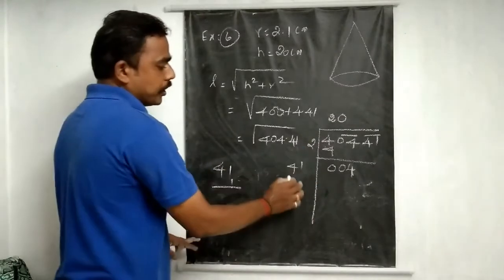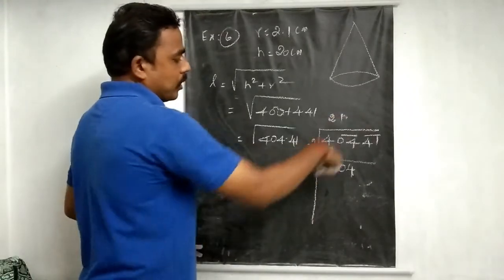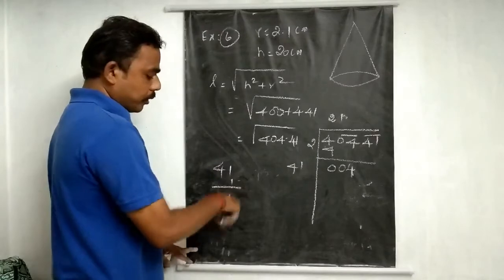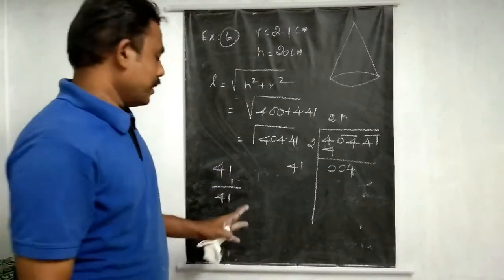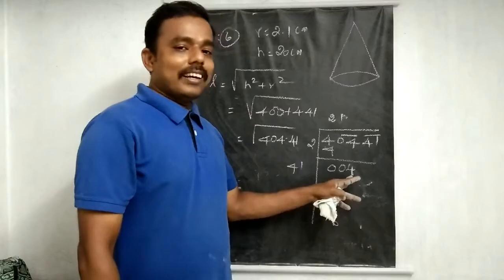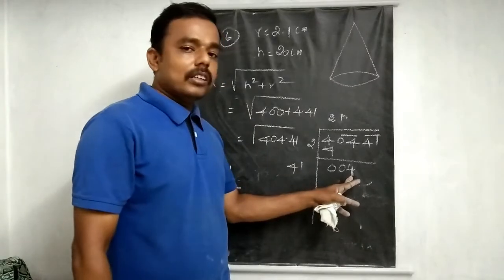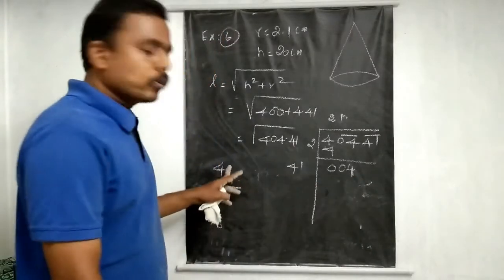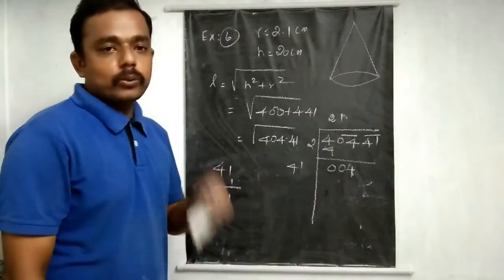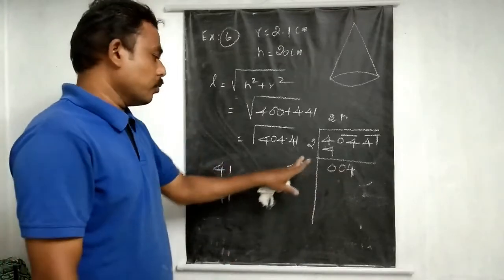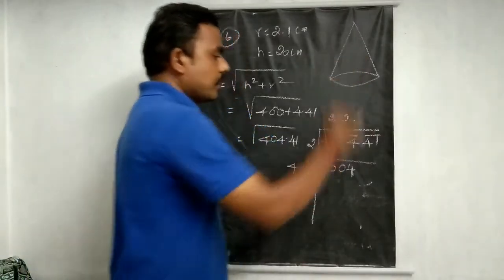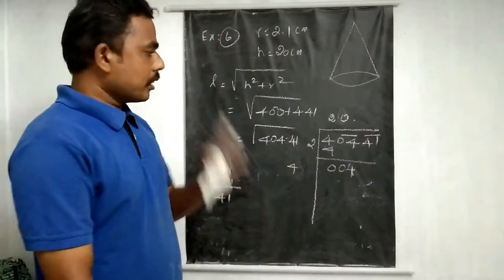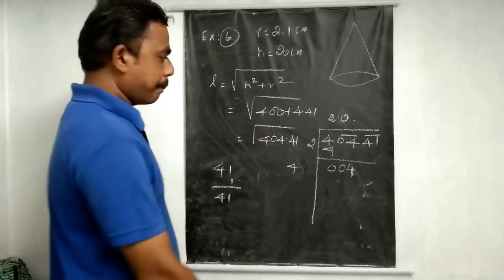So 41 is greater than 4. So any number here less than 41. Here I can reduce 1, 2, 3, and 4, but it should be near the number and less than 41. So put 0. Now you can reduce the decimal.